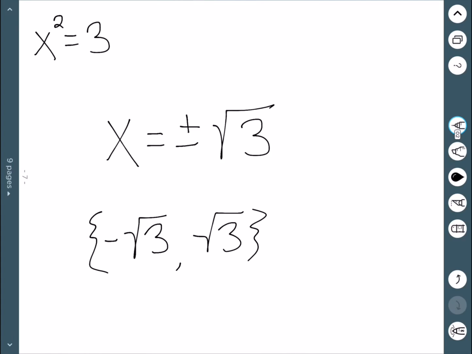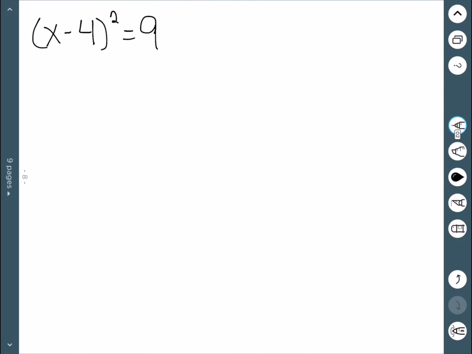This example looks a little bit different, x minus 4 squared equal to 9. But the main thing to notice is that the thing on the left is something squared. So I can take a square root. I then have x minus 4 is equal to, and I do have to take the plus or minus square root of 9. We know what the square root of 9 is.